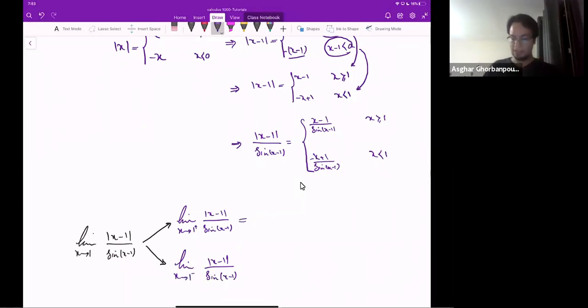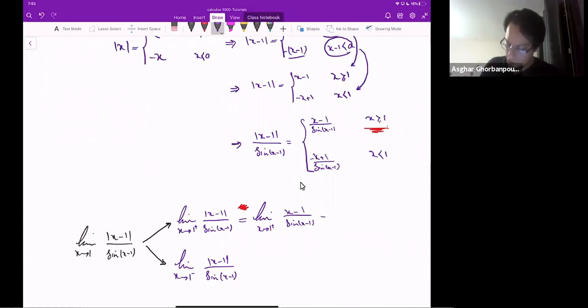When we are working with the right limit, we are basically here. So I will go ahead and find the limit. This is the right limit, so it will be the limit as x goes to 1 plus of x minus 1 over sine of x minus 1.